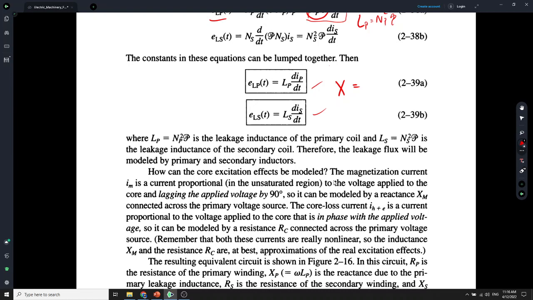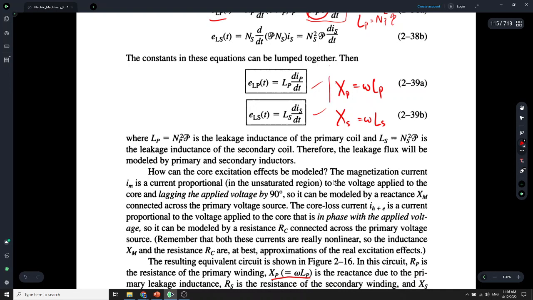The equation is omega LP. However, all of this you don't need to remember, you just need to know where the equation comes from. So this is XS equals omega LS.